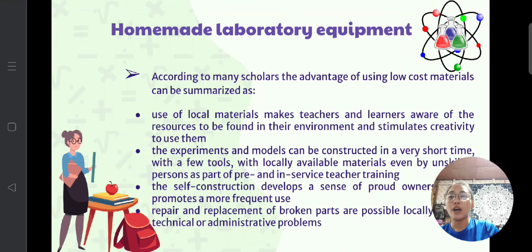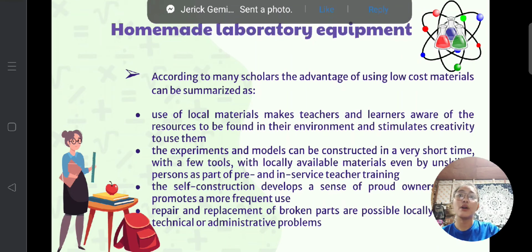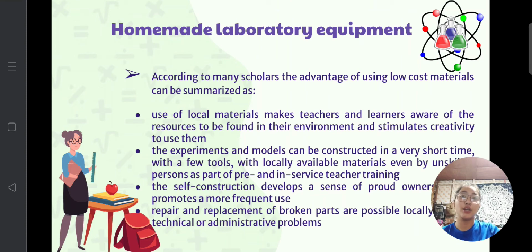According to Armin A. Luistro, the training is very important for the science teachers to master the use and application of the new science equipment, as well as the maintenance procedures to ensure the long-term use of these equipment.